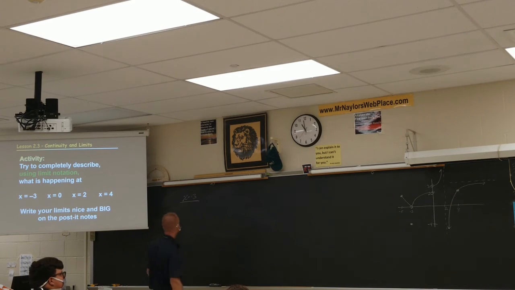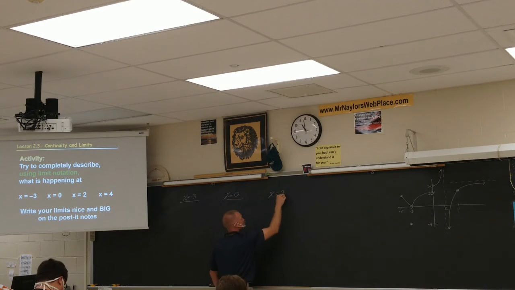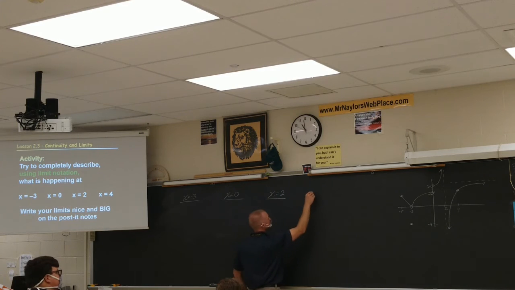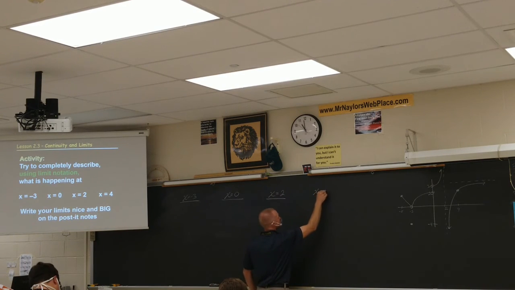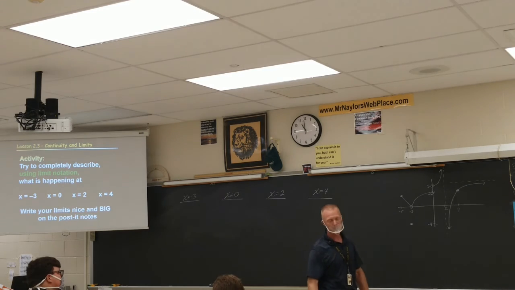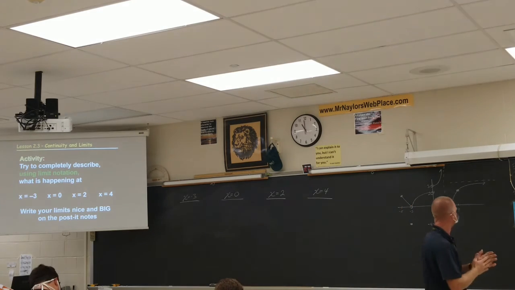You can bring them up when you're all done, or you can bring them up as you go. You can just post them underneath each one of these x values.